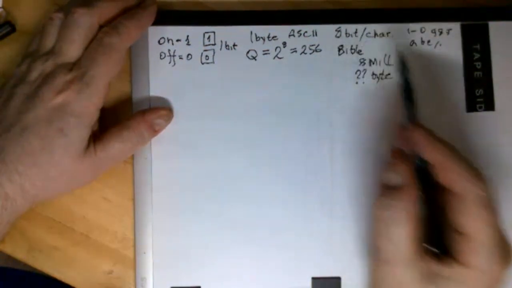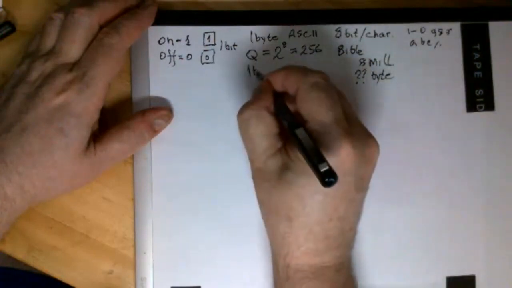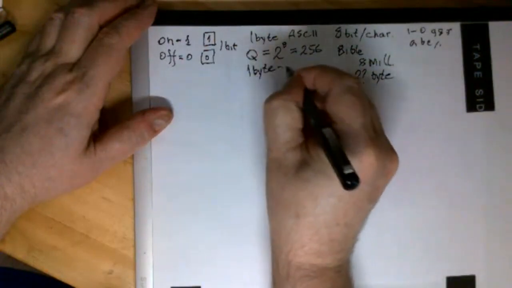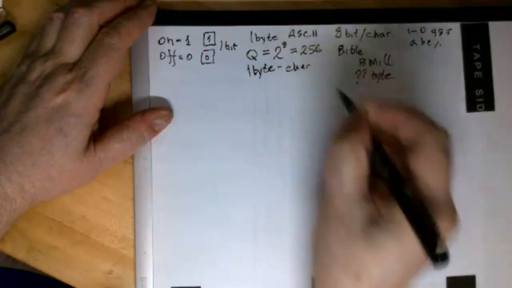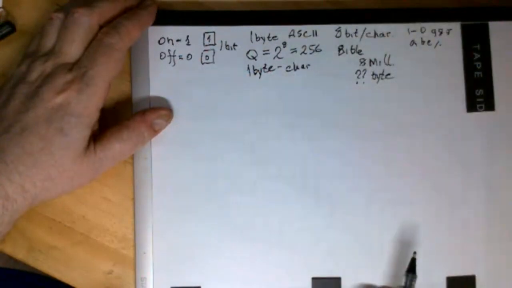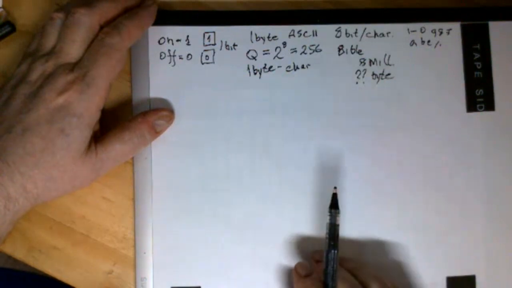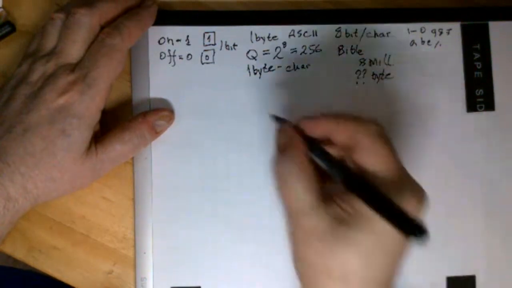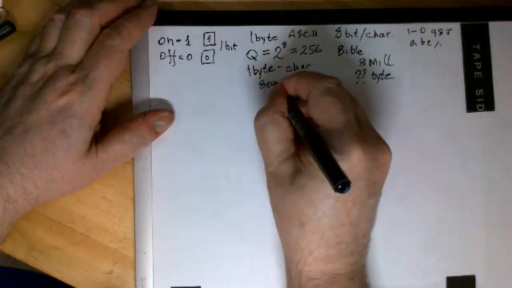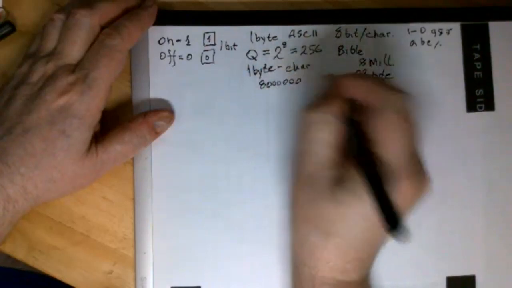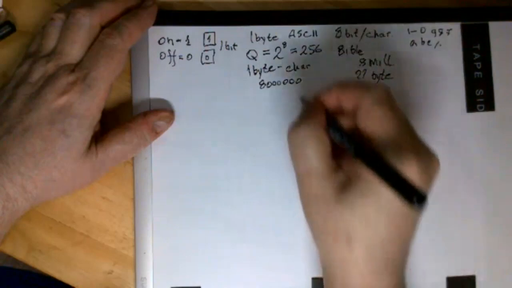We know that 8 bits per character is 1 byte per character, because 8 bits is 1 byte. Then 8 million characters will be 8 million bytes.